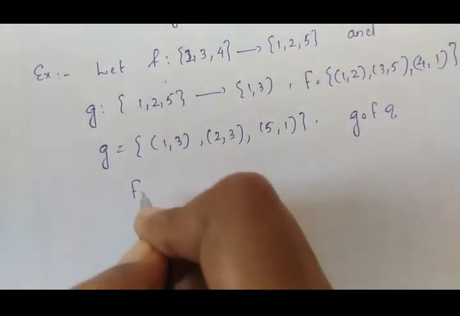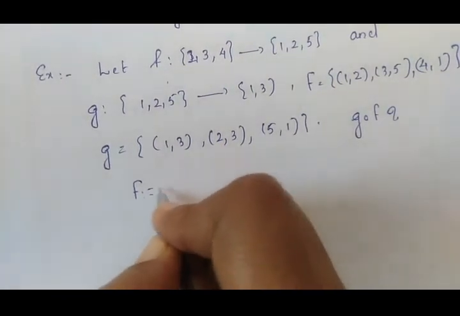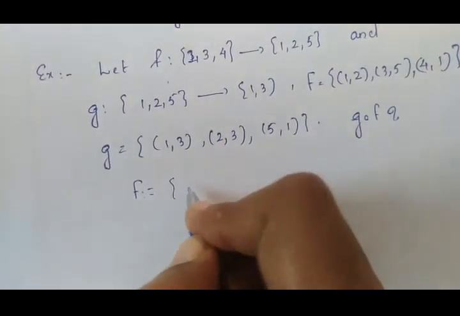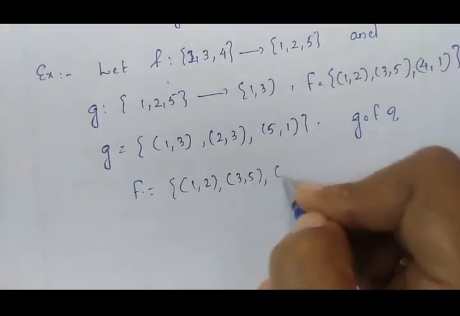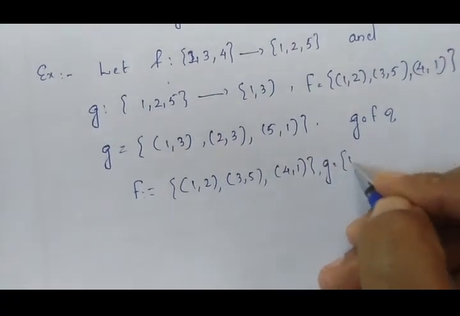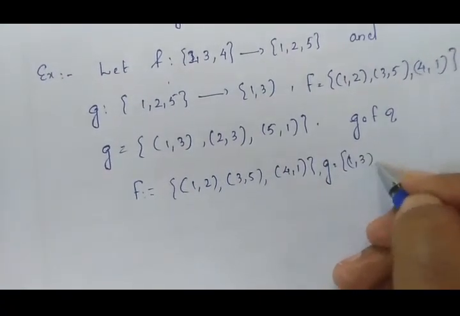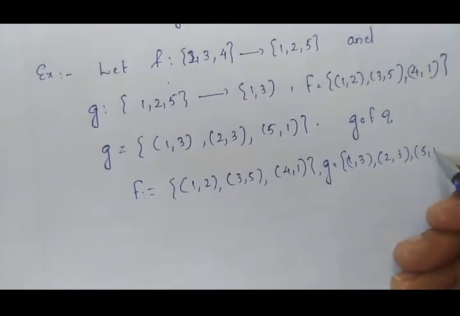f is the function {(1, 2), (3, 5), (4, 1)} and g is equal to {(1, 3), (2, 3), (5, 1)}.